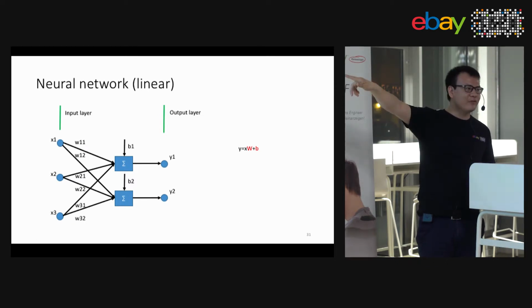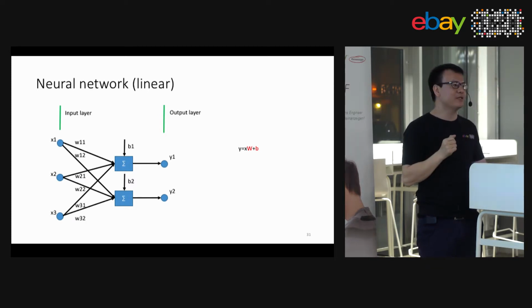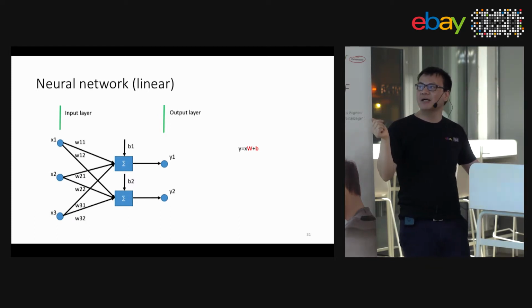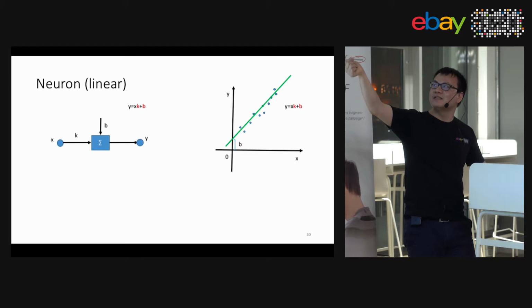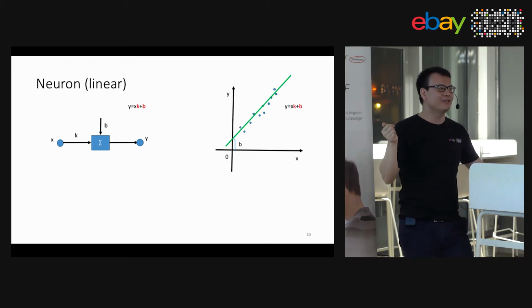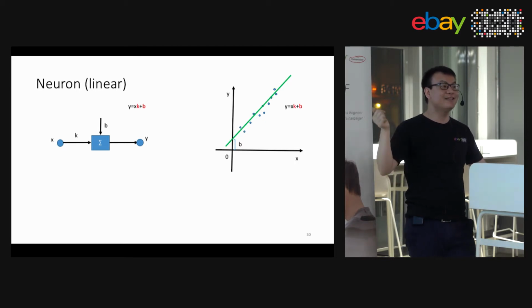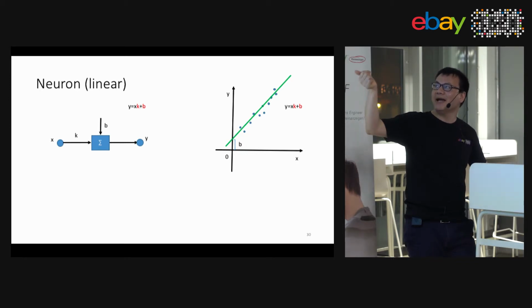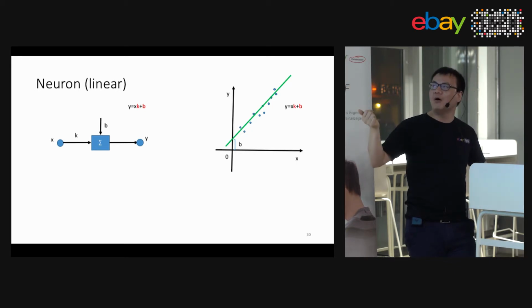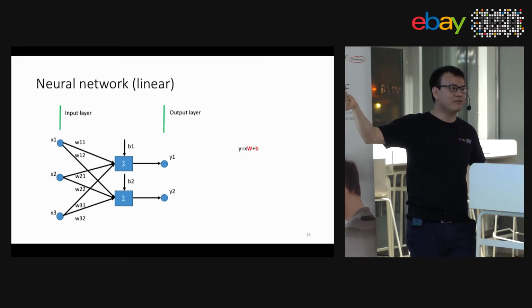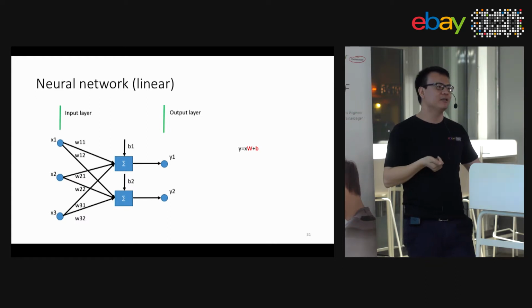And if you compare the mathematical formula y equals x dot product w plus b with the previous one, it looks the same, right? It's a linear relationship between x and y, using the parameters k and b for one-dimensional cases, or using the parameters w and b for multi-dimensional cases.